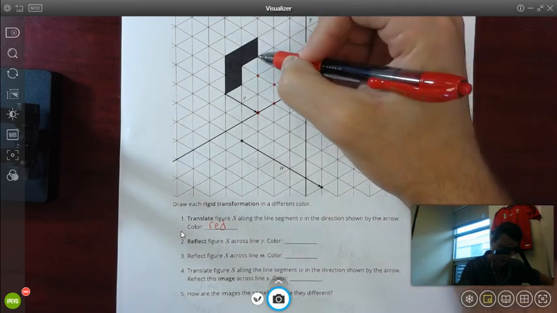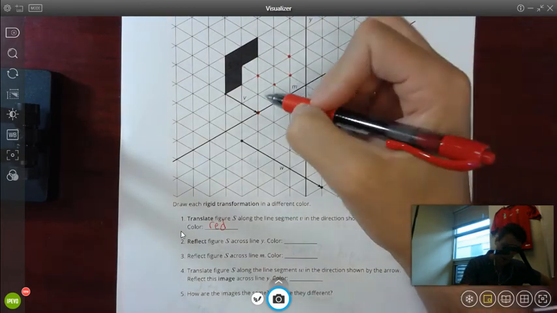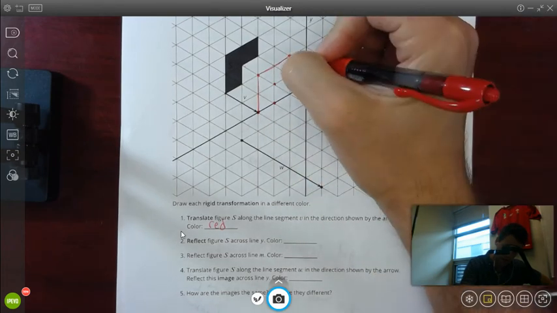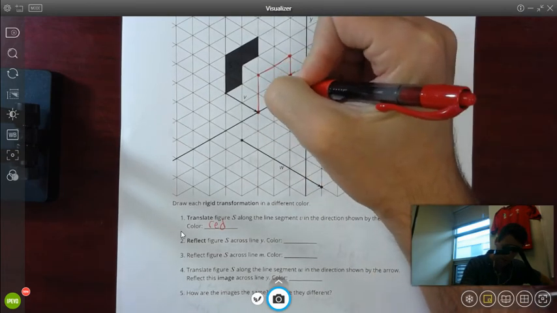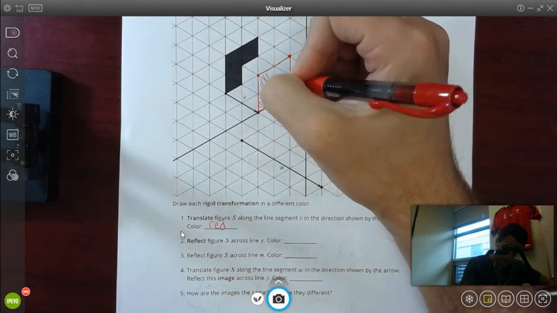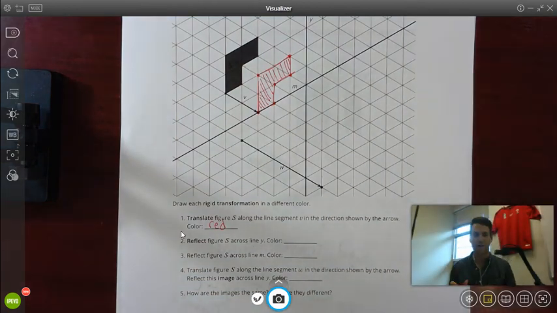And then our last point 1, 2 spaces. So I can draw my red shape right here. So I've translated my figure S along that ray of V.